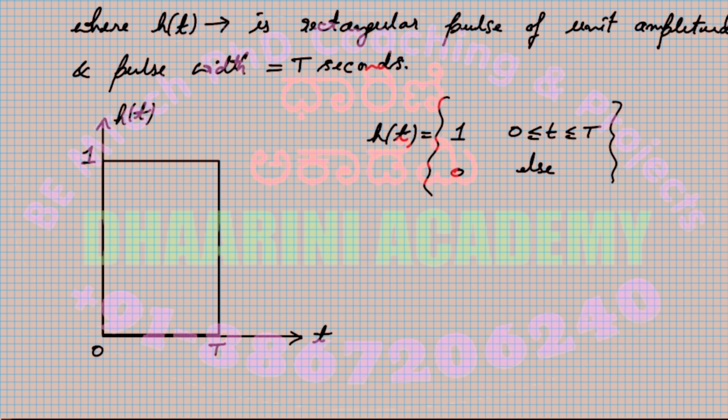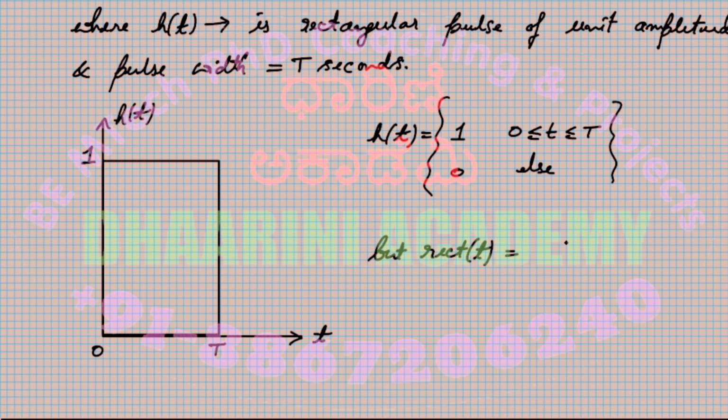So okay, let me try to write here. But if I want to give a rect notation now, the rect of t is like this. Okay, I'll write an equation here.